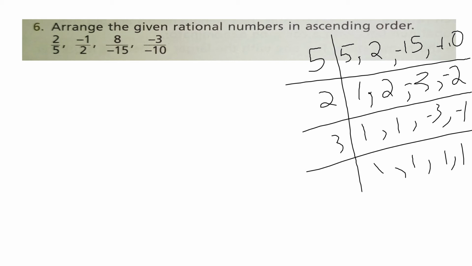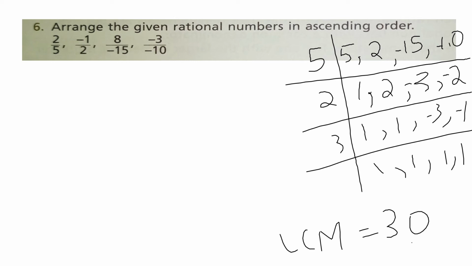Now 5 2s are 10 and 10 3s are 30. So the LCM is 30. It means that you have to convert the denominators of these rational numbers into 30, because that is the least common multiple of all these numbers.